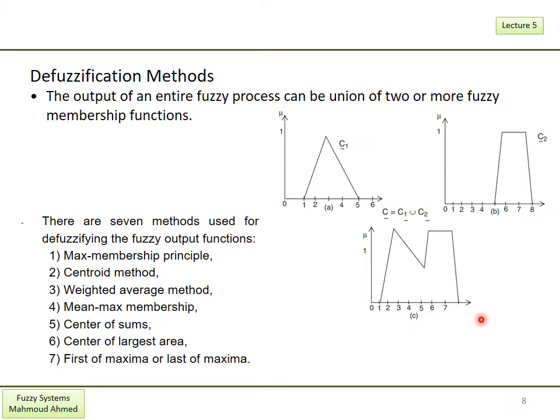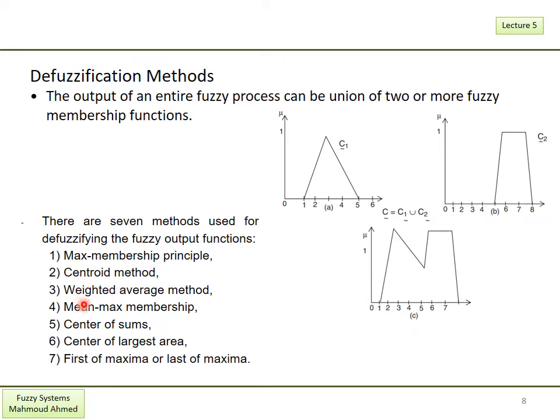In order to defuzzify the given fuzzy membership function to an absolute value, we introduce 7 methods in detail. The first method is called the maximum membership method. The second one is the centroid method.